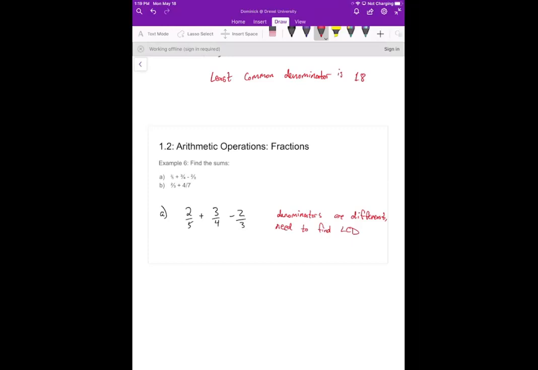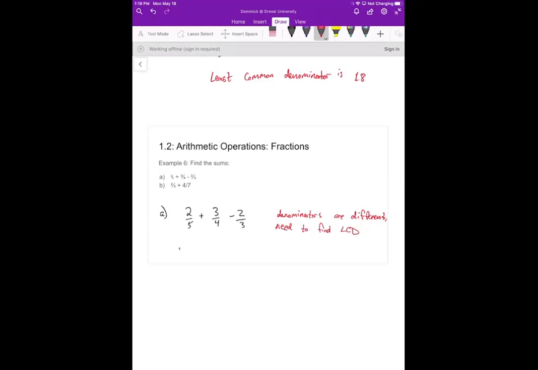35 doesn't work for either of them again. 40 works for 4, but not for 3. 45, will that work? No, 45 will not work either. Let's see, will 50 work? 50 will not work, right? And then will 55 work? 55 will not work, but I believe 60 will, right?